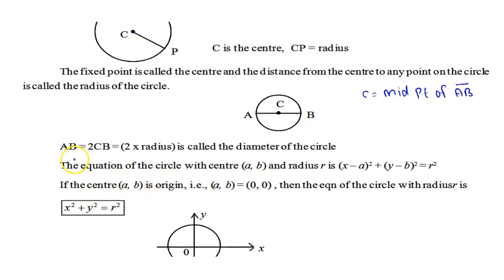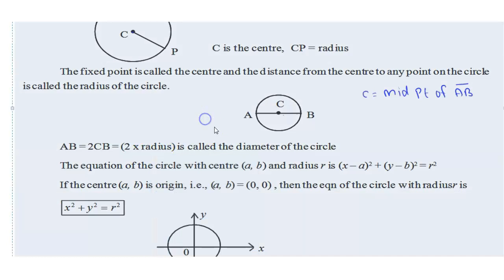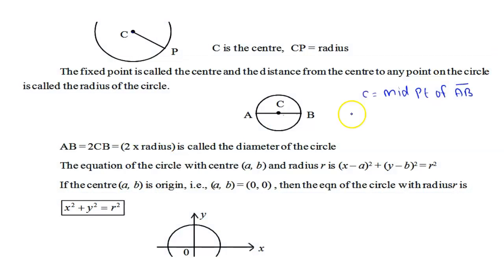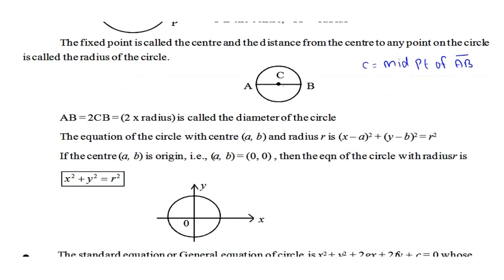So here we can take AB is equal to 2 times CB or 2 times CA or 2 times the radius, right? So here also we can call it the diameter of the circle. AB is called the diameter of the circle. So in general we can take a formula.